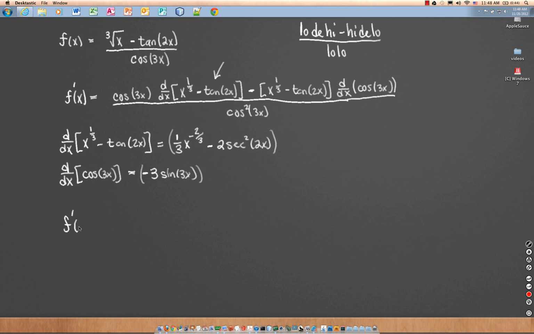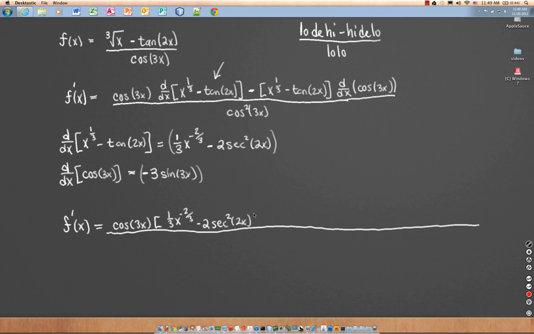So f prime of x equals, and I'm going to write a large quotient here, give myself plenty of space, cosine of 3x times this 1/3 x to the negative 2/3 minus 2 secant squared of 2x, and then minus x to the 1/3 minus tangent of 2x times negative 3 sine of 3x all over cosine squared of 3x.